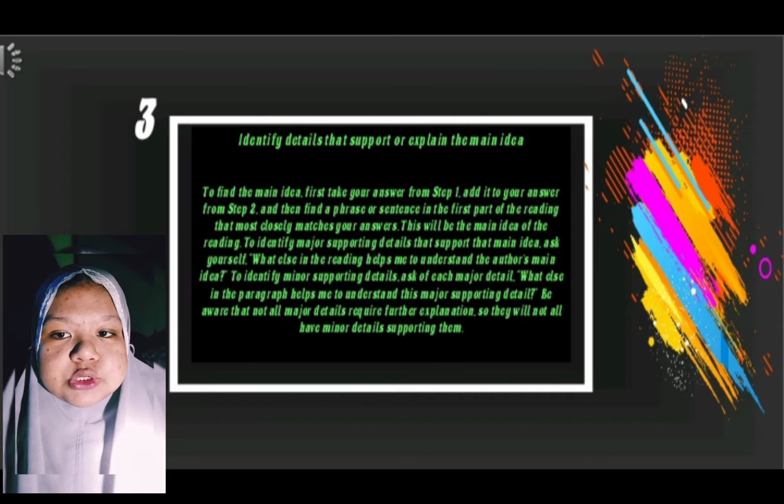To identify major supporting details that support that main idea, ask yourself, what else in the reading helps me to understand the main idea? To identify minor supporting details, ask of each major detail, what else in the paragraph helps me to understand this major supporting detail? Note that not all major details require further explanation, so they will not have minor details supporting them.